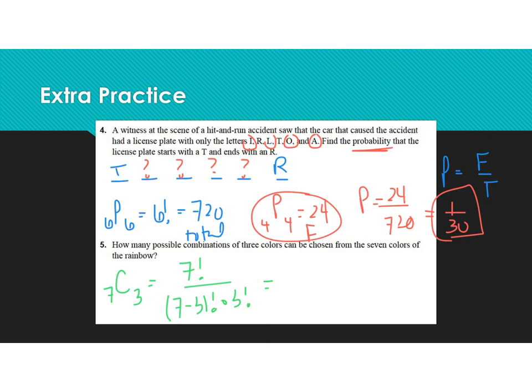So if we look at that, you can do it all in a calculator if you want to, or you can look at the fact that some of it crosses out. I'm just going to put it all in my calculator here. 7 factorial divided by 4 factorial times 3 factorial, and your answer should be 35.